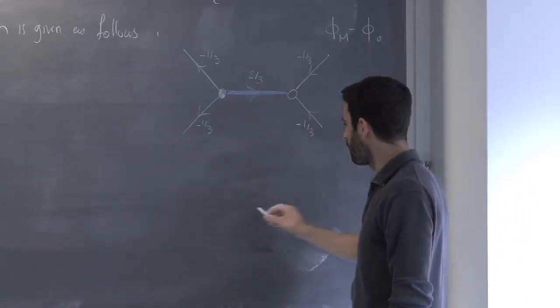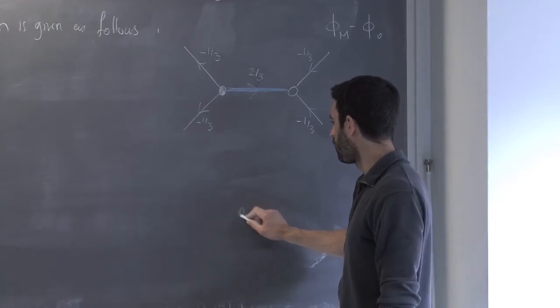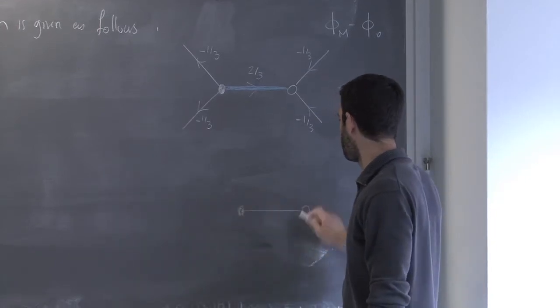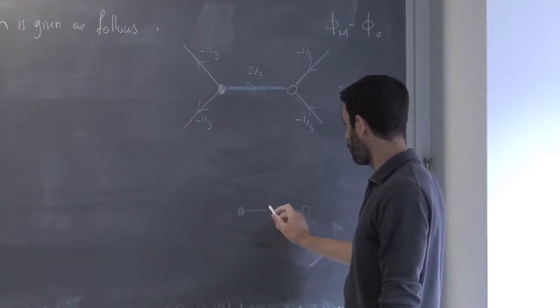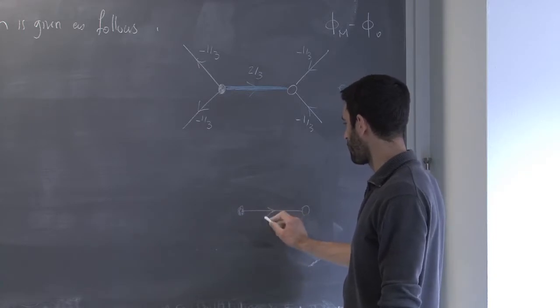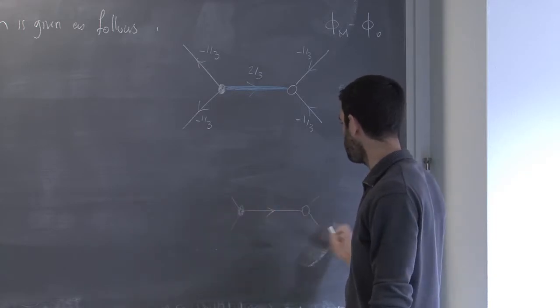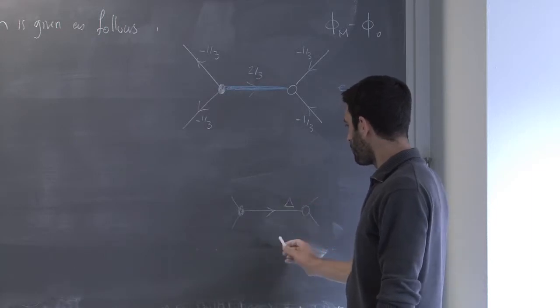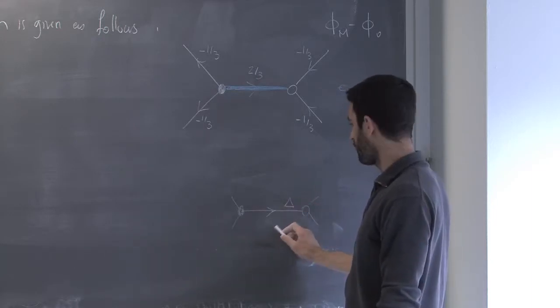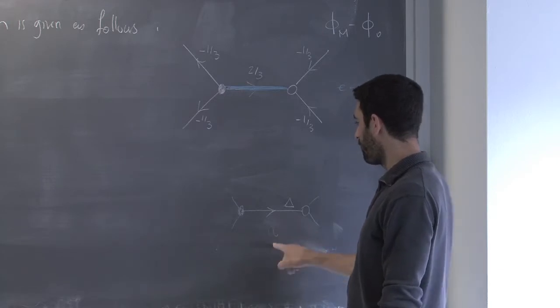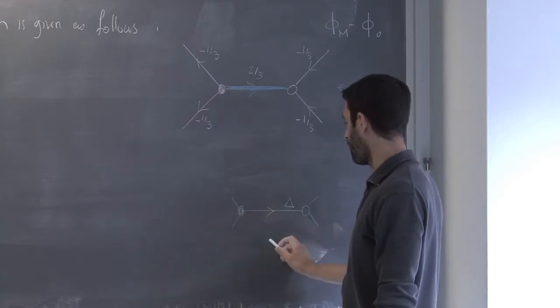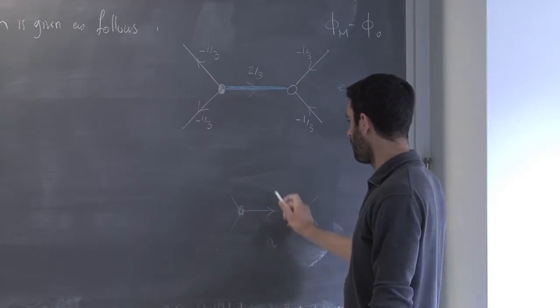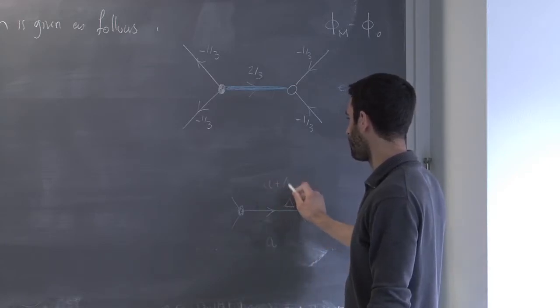Now let me think about the rule. I have my edge like that, and let's say that the value here is delta. The way to compute the height function is: if the height function here has value a, here the value should be a plus delta.